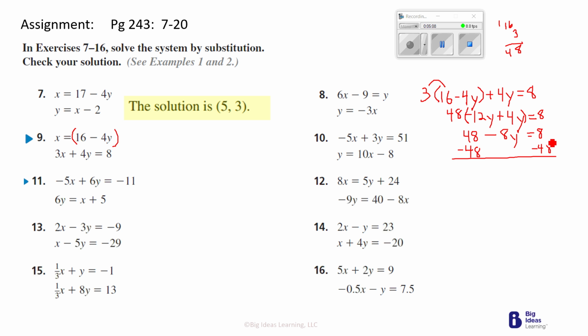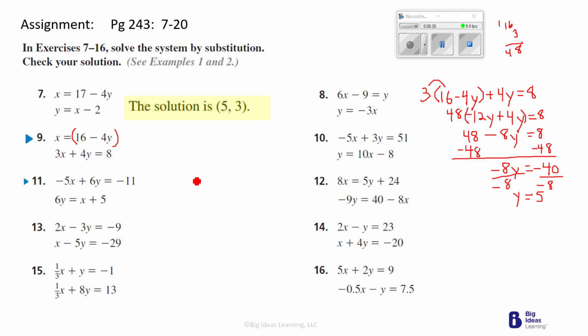Well, negative 48 plus 8 will give me negative 40. So now I have negative 8y is equal to negative 40. Of course, I'm going to divide negative 8 away. When I do, y comes down, and a negative divided by a negative is a positive, and 40 divided by 8 is 5. And now I know y is 5.